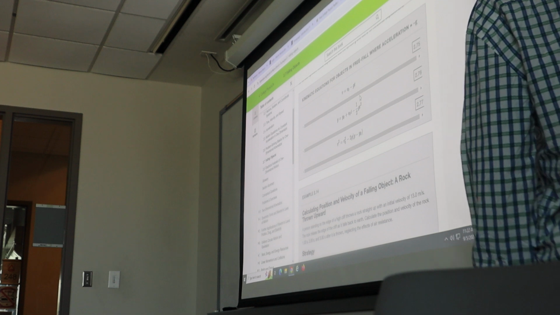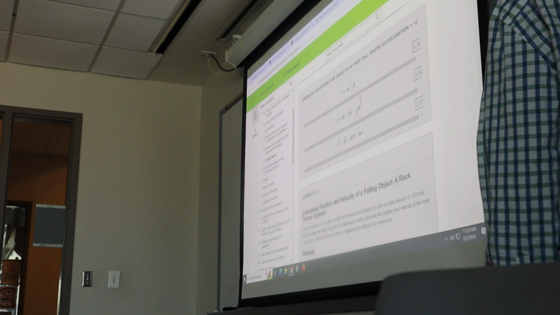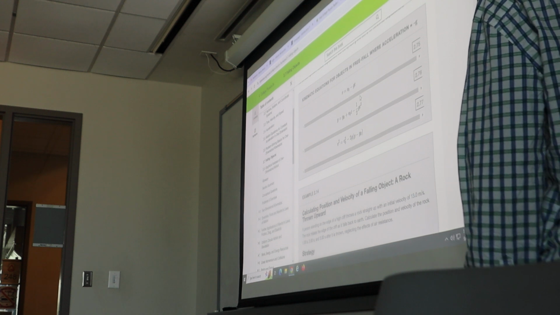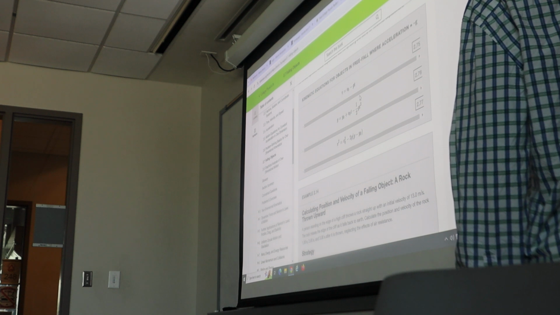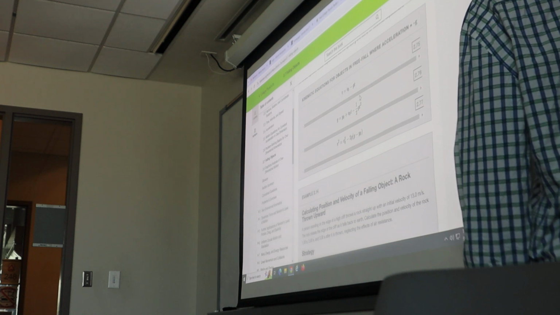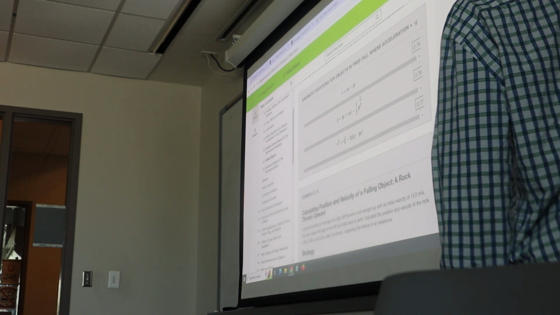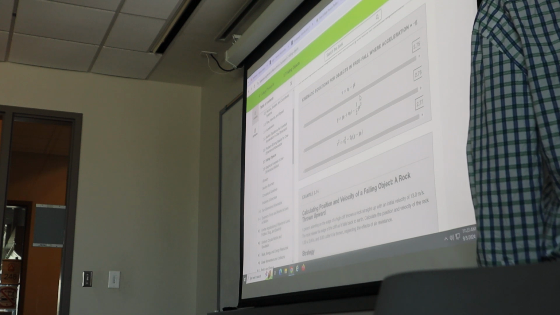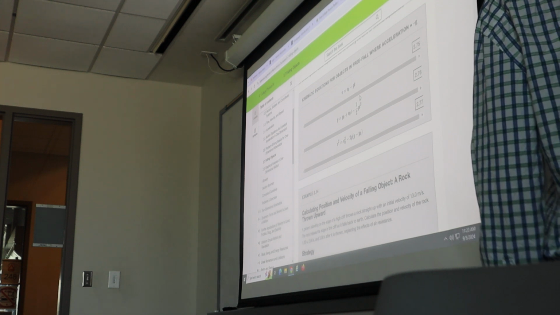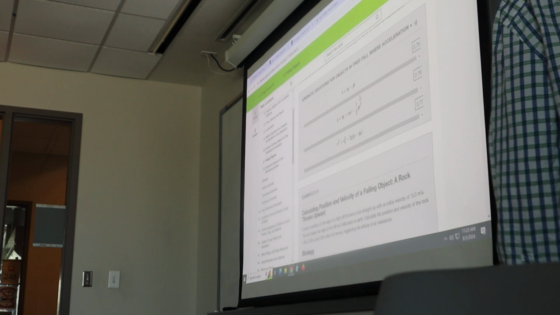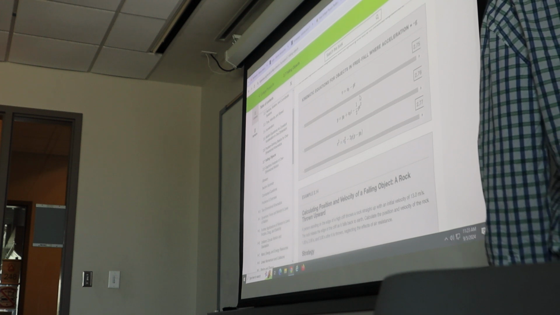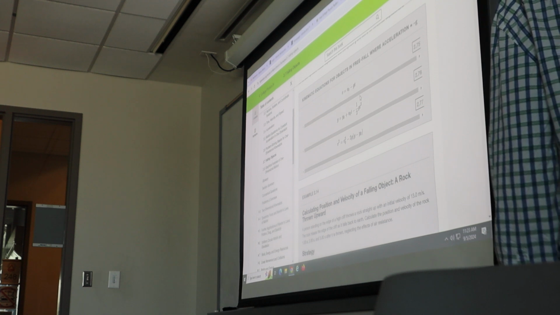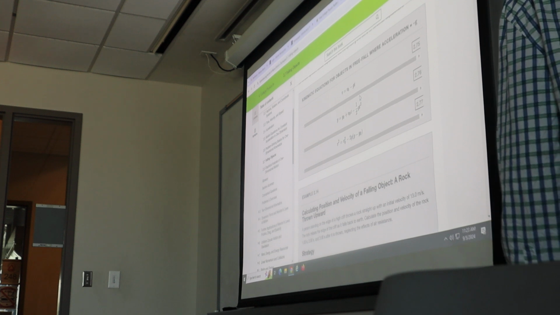Alright, so the first equation: V equals V naught minus g t. So I should have initial velocity, gravity, and then time.